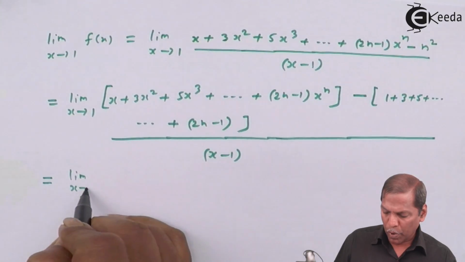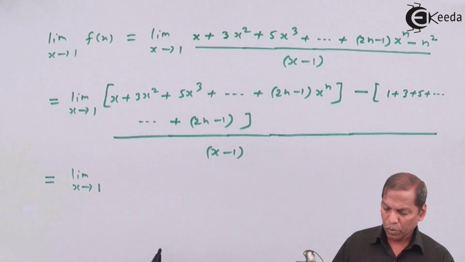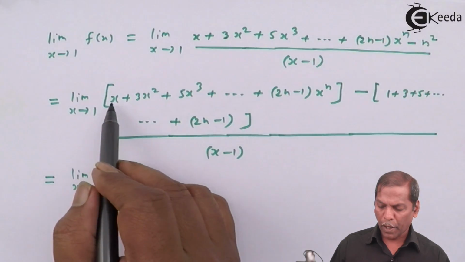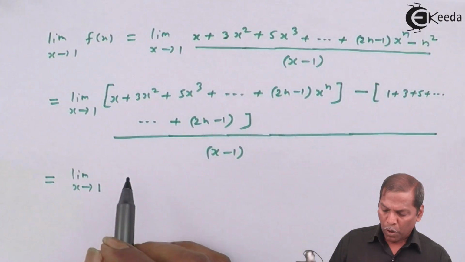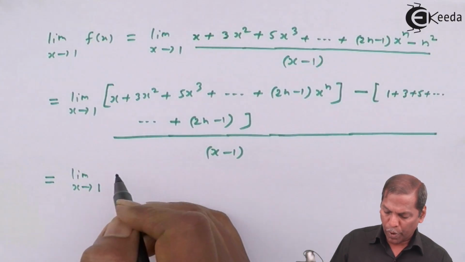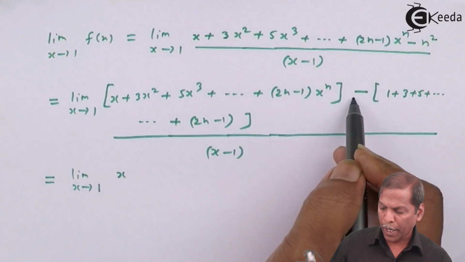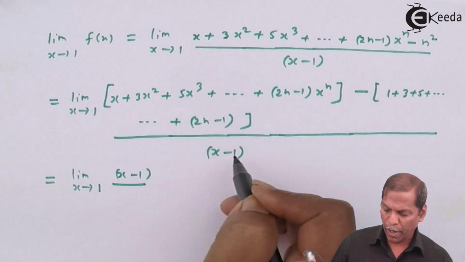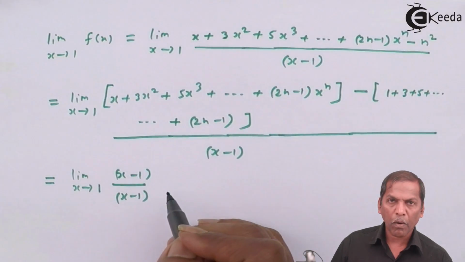That equals limit x tends to 1. Now here we take one term from the first bracket and one term from the second bracket. So we have limit x tends to 1, x minus 1 whole thing divided by x minus 1 as one limit.